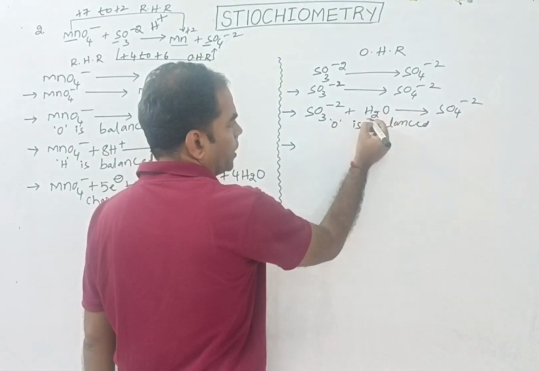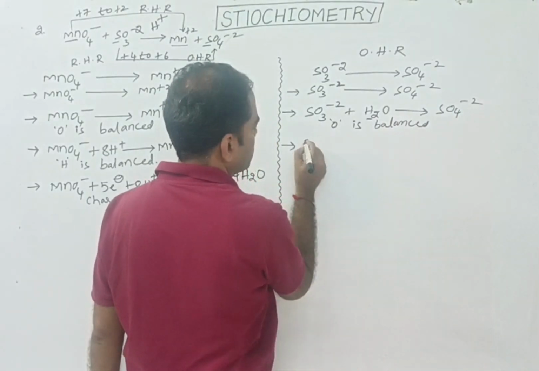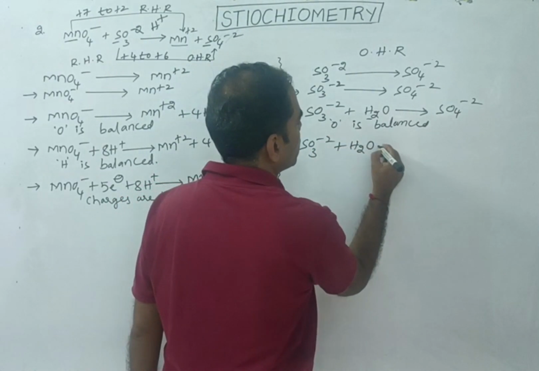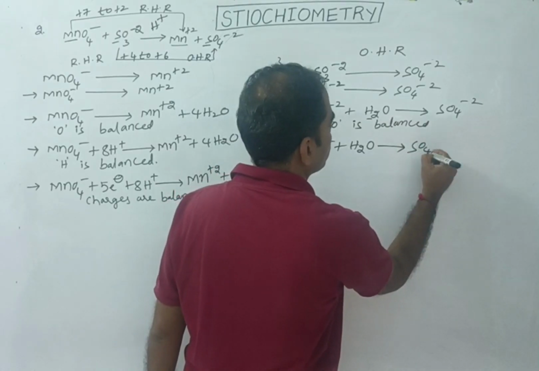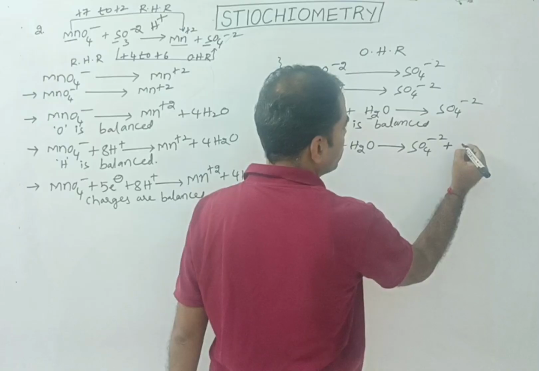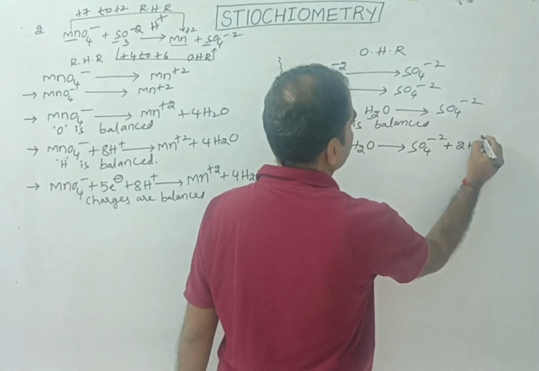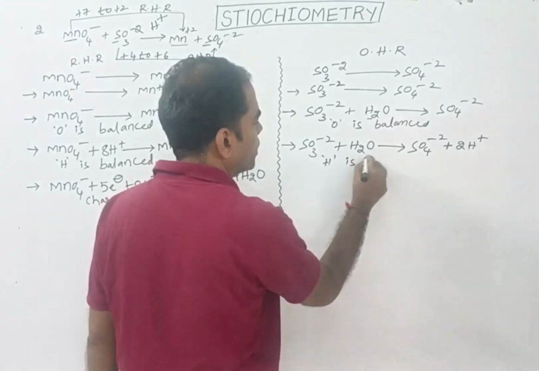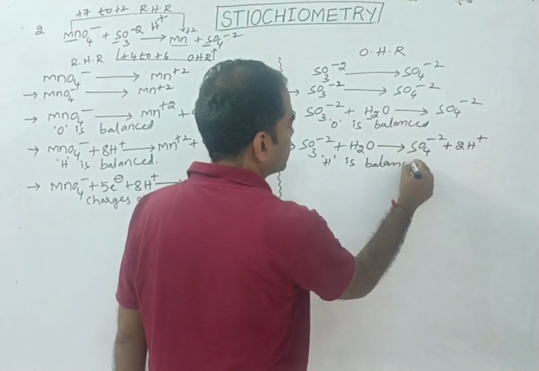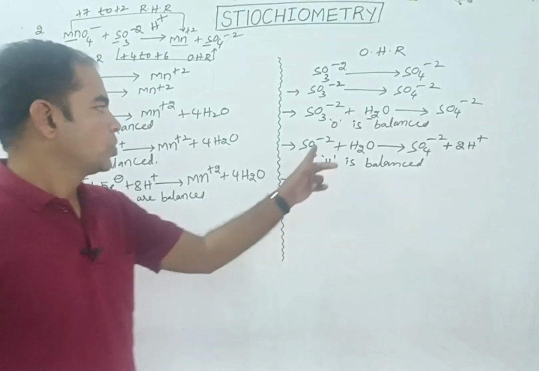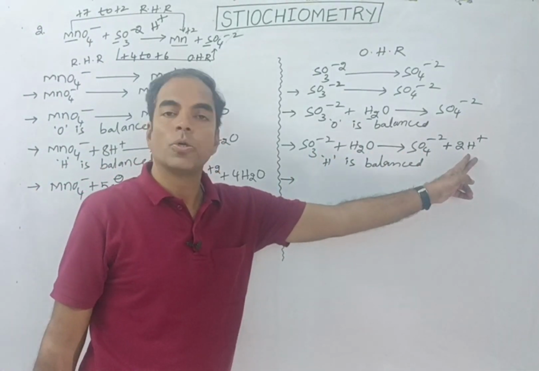To balance the hydrogen, here 2 hydrogens, here no hydrogens. That means SO3²⁻ + H2O gives rise to SO4²⁻ plus 2 hydrogens, so we add 2H⁺. Hydrogen is balanced. Next, to balance the charges, 2 negative charge, but 2 positive charge.